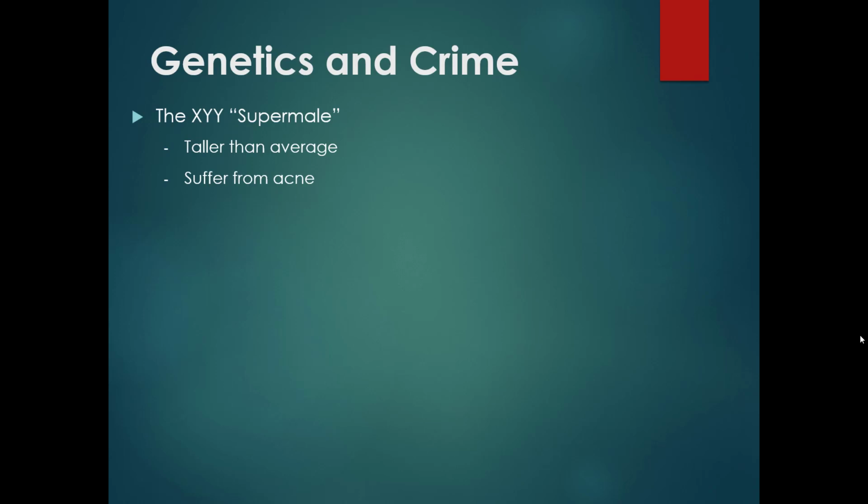Acne is, by the way, most often caused by testosterone, and somebody with 2 Y chromosomes is going to have a lot of testosterone in their body and have severe acne. Less than average intelligence. And what they found was this XYY supermale was overrepresented in mental institutions and prisons.